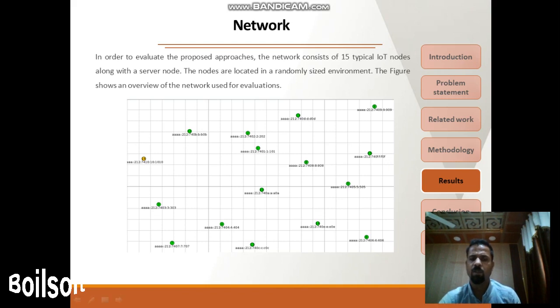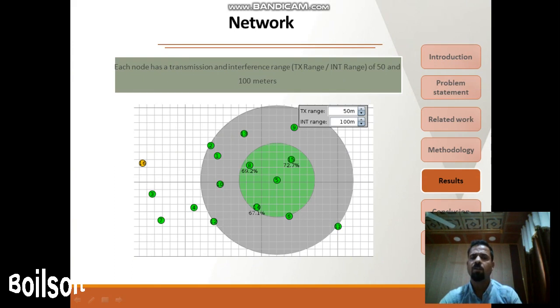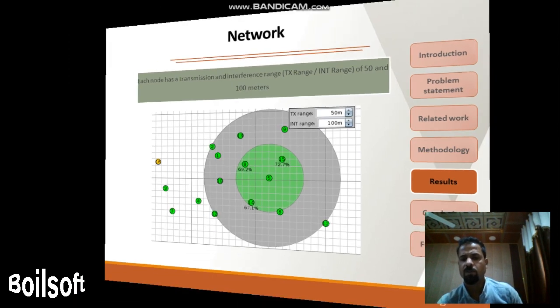There is the sink node and the 15 nodes. The range of transmission and interference, TX and interference range: the green is 15 meters and the gray is 100.